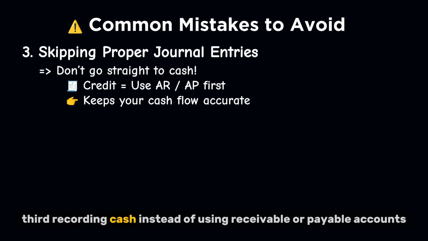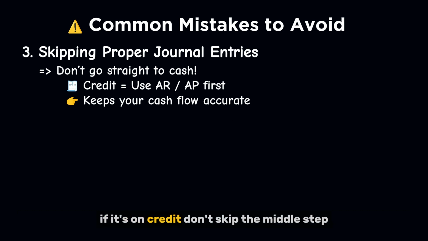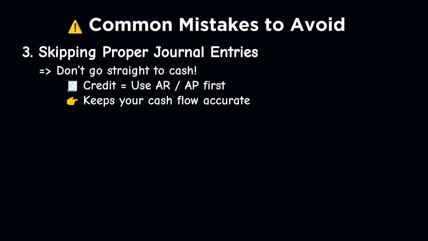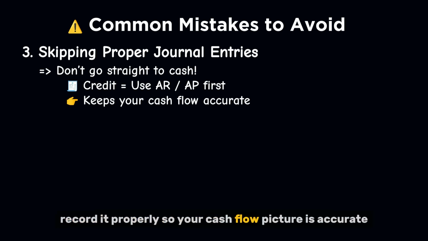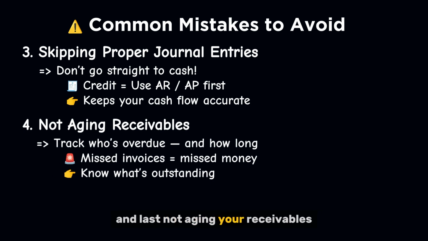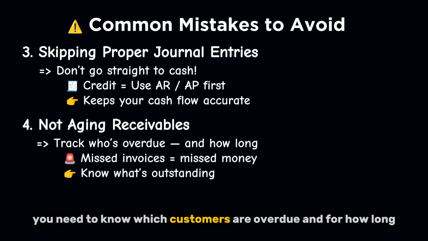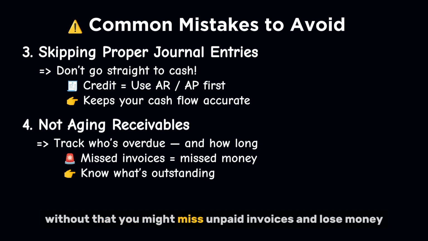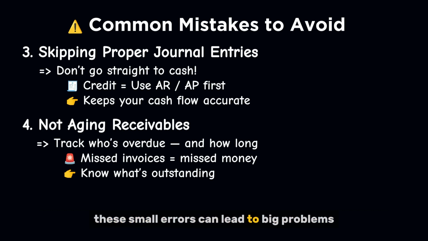Third, recording cash instead of using receivable or payable accounts. If it's on credit, don't skip the middle step. Record it properly so your cash flow picture is accurate. And last, not aging your receivables. You need to know which customers are overdue and for how long. Without that, you might miss unpaid invoices and lose money. These small errors can lead to big problems. Catch them early, and your books will stay clean.